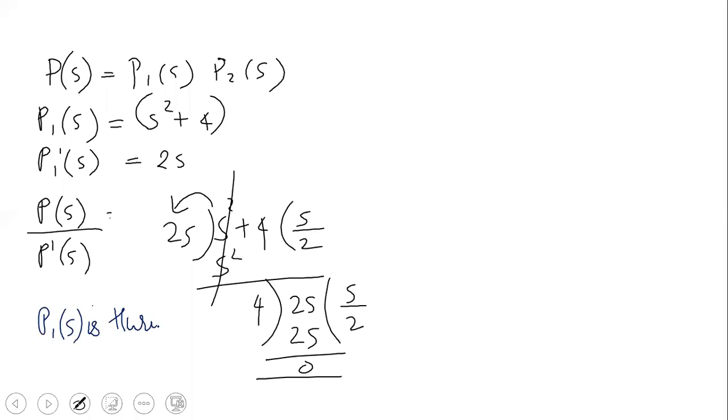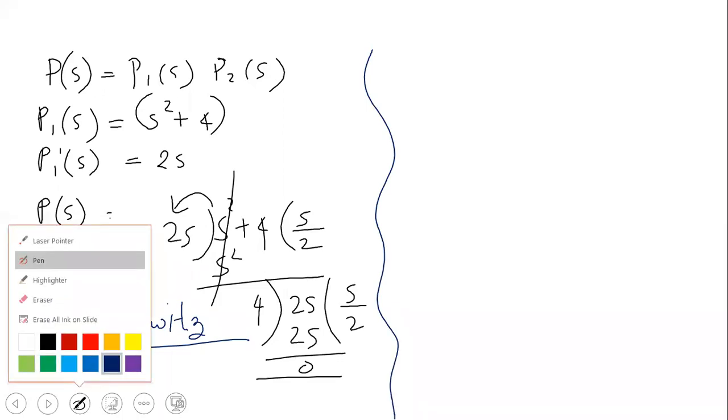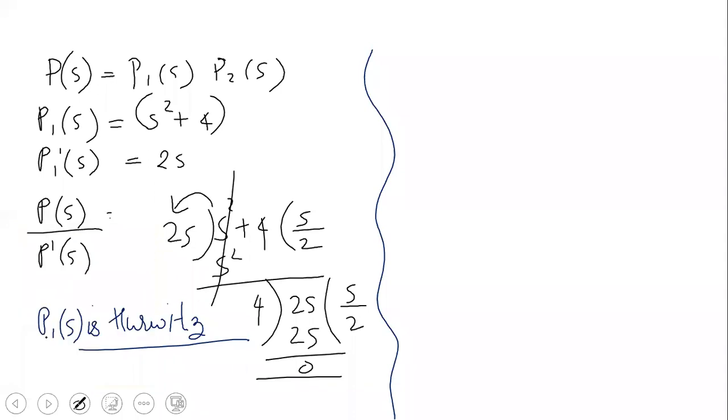So we have to check each of the factors. I've got my P1 of S as Hurwitz. Now the second part of the whole thing is to find out whether my next factor is also Hurwitz. So I have to check for P2 of S. The P2 factor, which I have just got by doing normal division, is S raised to 4 plus 3S cube plus 4S square plus 3S plus 1.